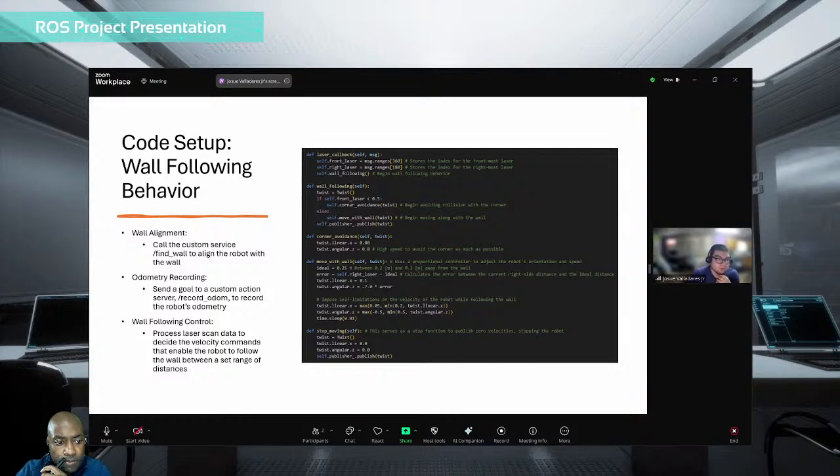What wall following does is, when the front laser is less than 0.5 meters away, which means it's about to hit a wall in front of it and needs to turn left, then we do corner avoidance, which will turn it left, which is right here.